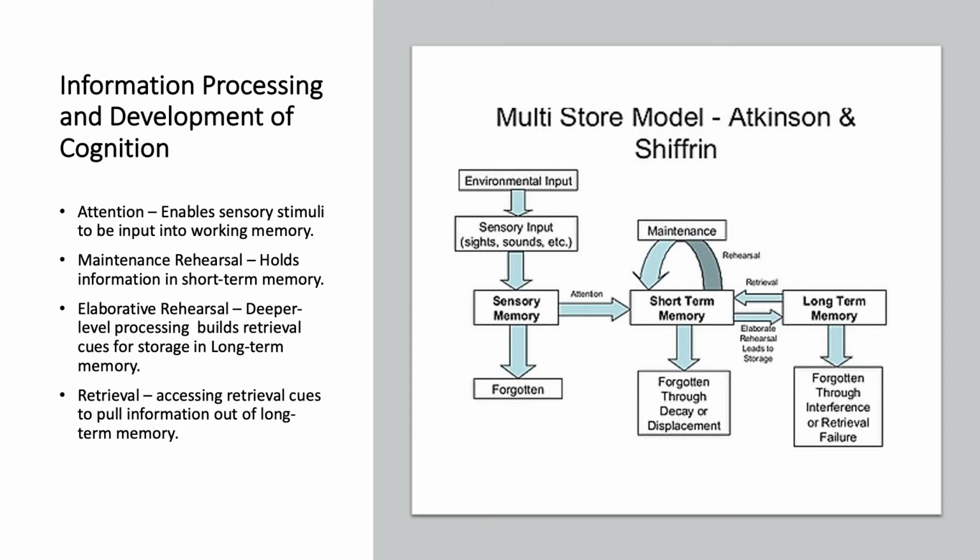Now, let's look at some traits of their cognitive development and how that affects their memory. So the first thing that's important is that they have to have enough attention span or attentional ability or executive function to delay impulses long enough for a sensory stimulus to get input into their short-term memory.